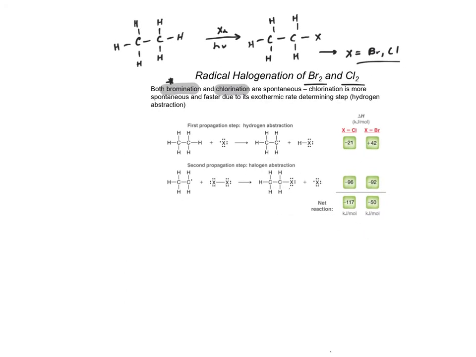Okay, so this does occur where X is either bromine or chlorine. Both of these guys are spontaneous. Okay, so we'll find that for chlorine, the overall reaction is about minus 117 kilojoules per mole, whereas for bromine, it's about minus 50. Again, both of these are exothermic, so they both will occur. And the propagation, which again is going to detail the overall mechanism for these radical reactions, the propagation step is exactly the same as we saw for methane, right?